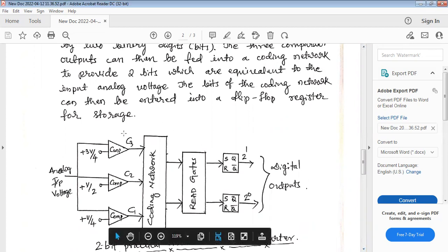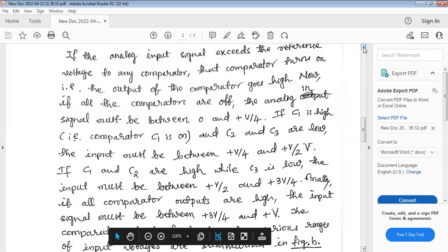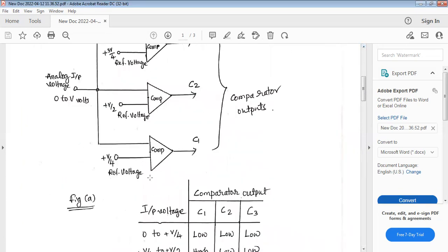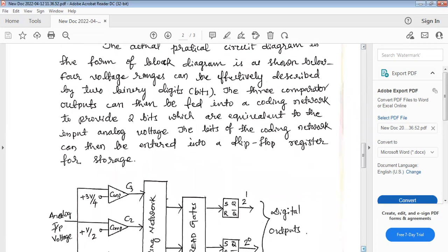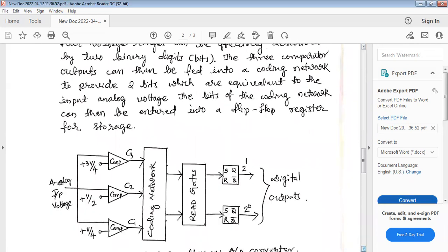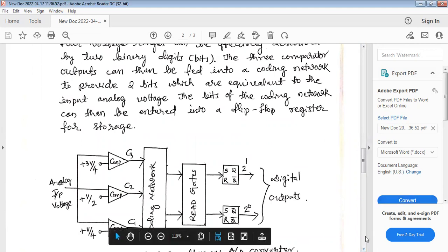In the earlier diagram, I had shown only the comparators. So that is figure A. In figure A, we have shown only the comparators, and the extended part or the complete block diagram of this simultaneous analog to digital converter is like this.